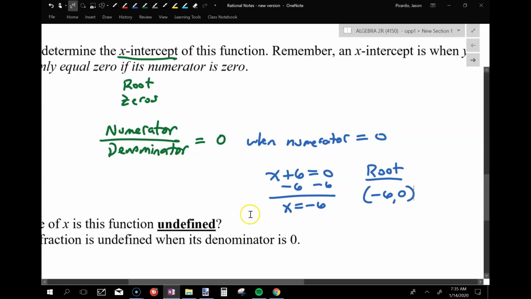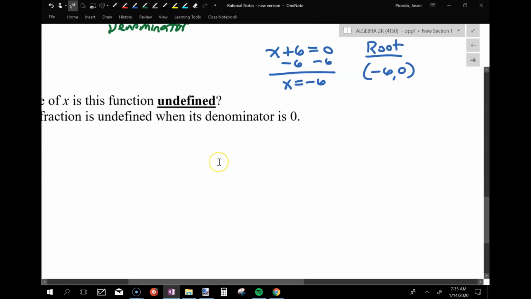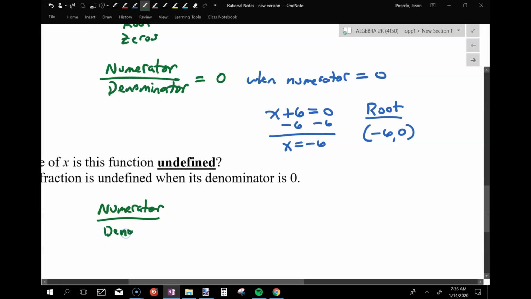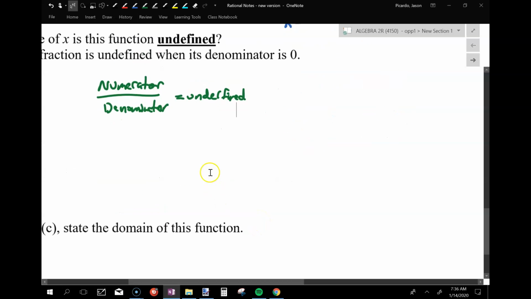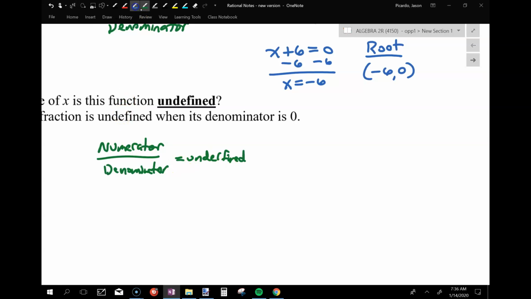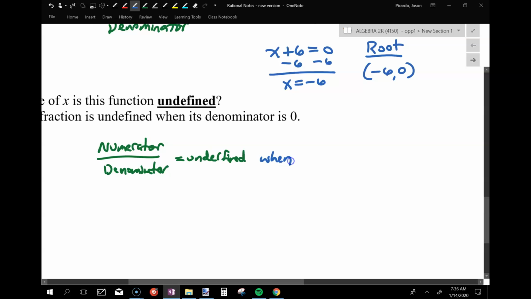Okay, next one. Ready? When is a fraction undefined? We said that a fraction, the numerator divided by the denominator, is undefined when the denominator equals 0.